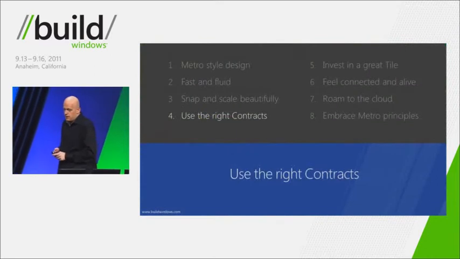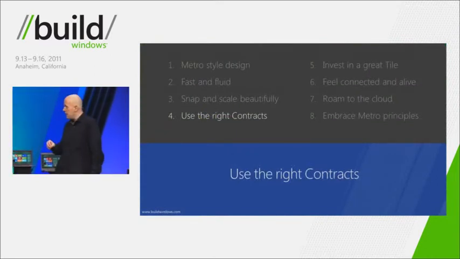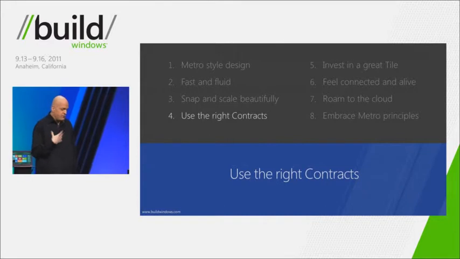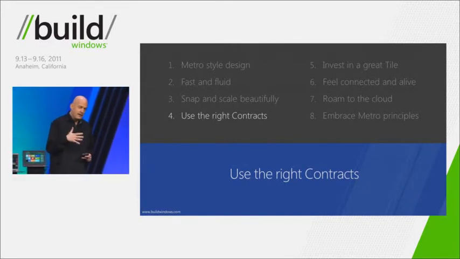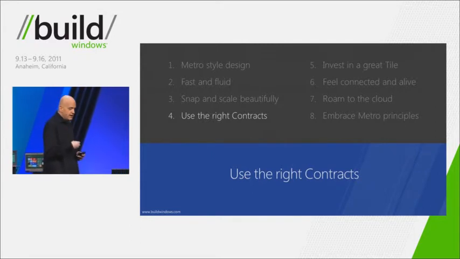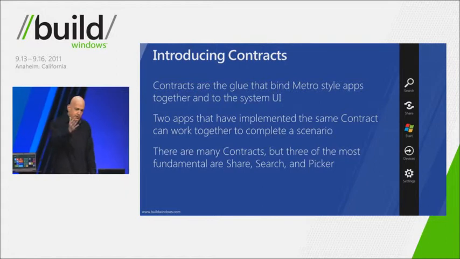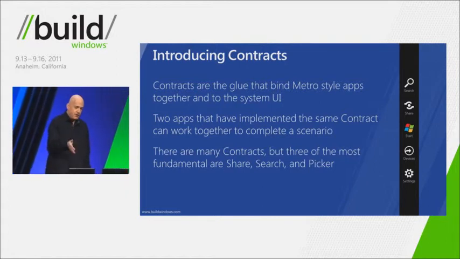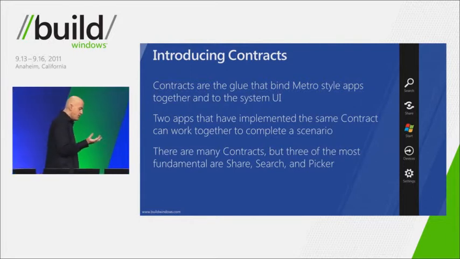Okay, so next I want to talk about contracts. You are going to be hearing a lot about contracts this week. It is a concept that you're probably going to have to hear about a couple times before it's totally clear in your mind, but I'm going to try again to help elaborate on what got introduced this morning. The UI that I'm showing there are the charms, but many of the charms, in fact all of them, represent one of the system contracts, although there are more contracts than just those.